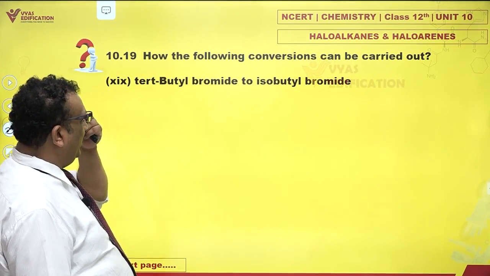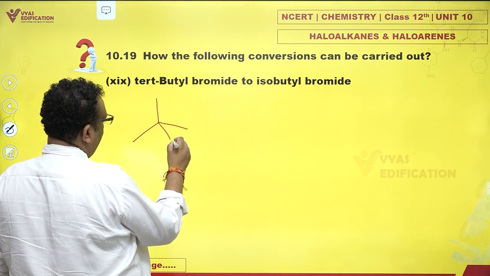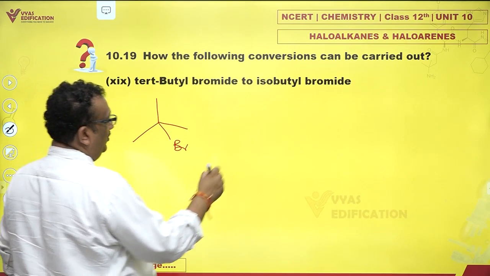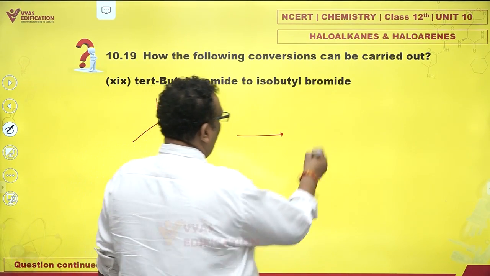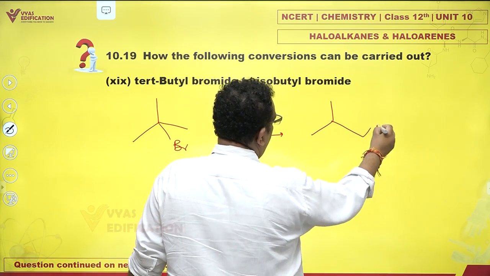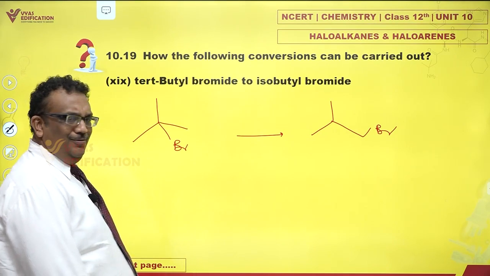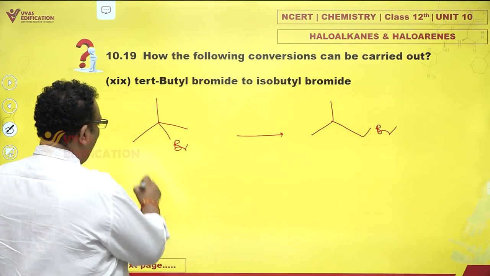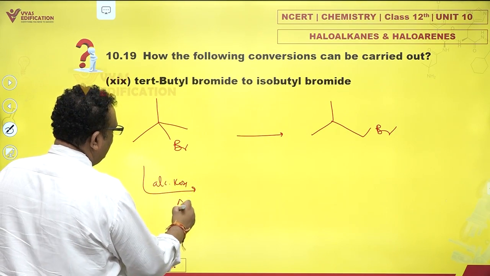Tertiary butyl bromide to isobutyl bromide. This is tertiary butyl bromide. And if we wish to convert this to isobutyl bromide, this means that Br should come here. Okay. How? The drama is very similar. First, alcoholic KOH, heat.